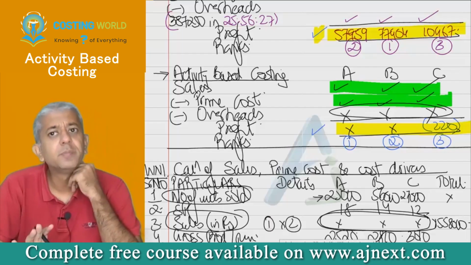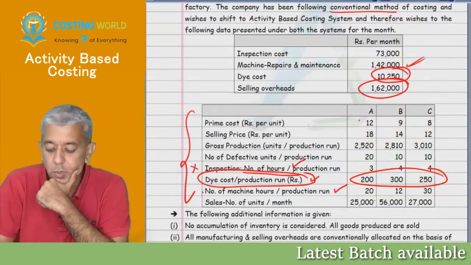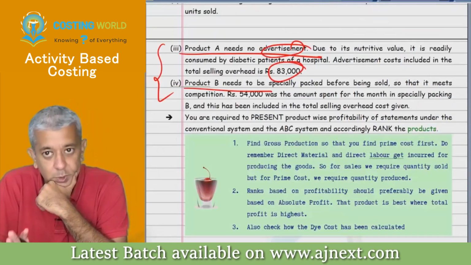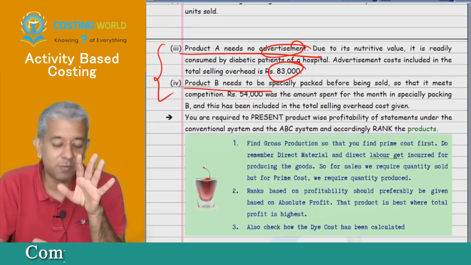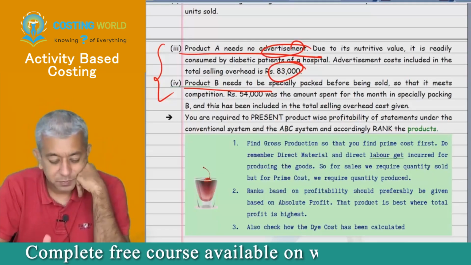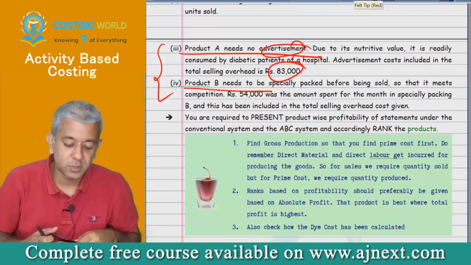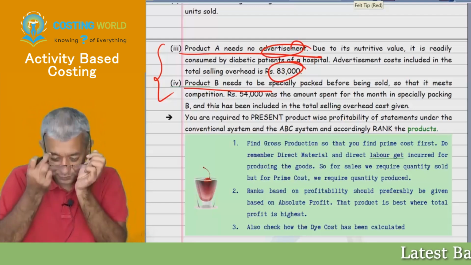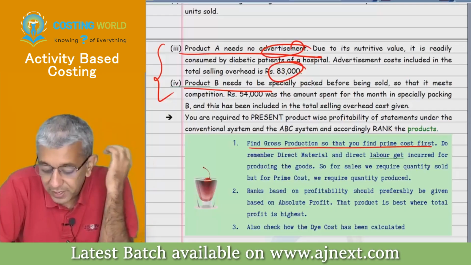Done everybody? Yes, sir. Now see, one question that I am going to be introducing to you. You all will finish it off completely. I'll be there for the advisory part for sure. Okay, I'm great in advising. Listen, but before that, whatever is there in the shorts of this particular question, I'm speaking. Find gross production so that you can find prime cost first.